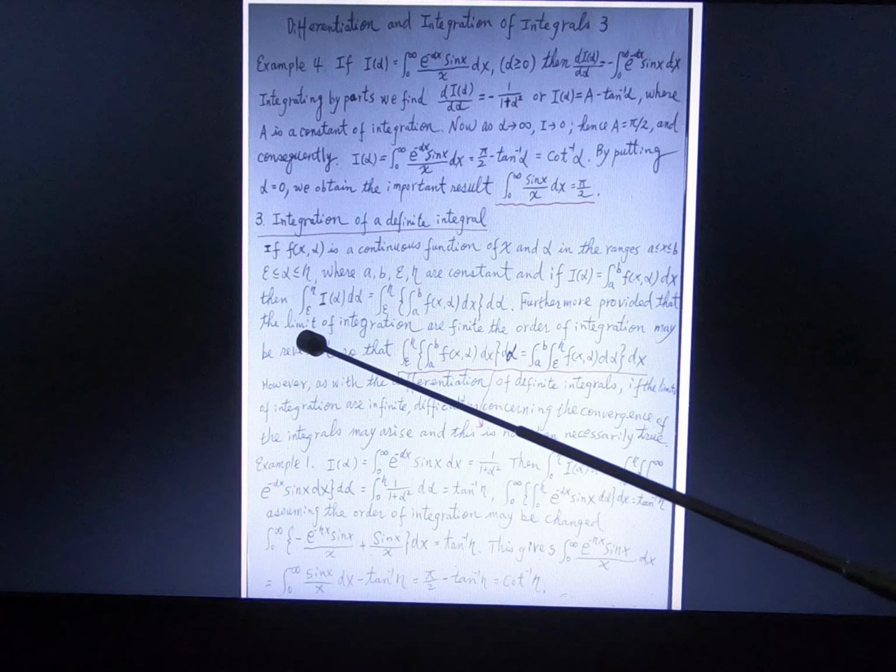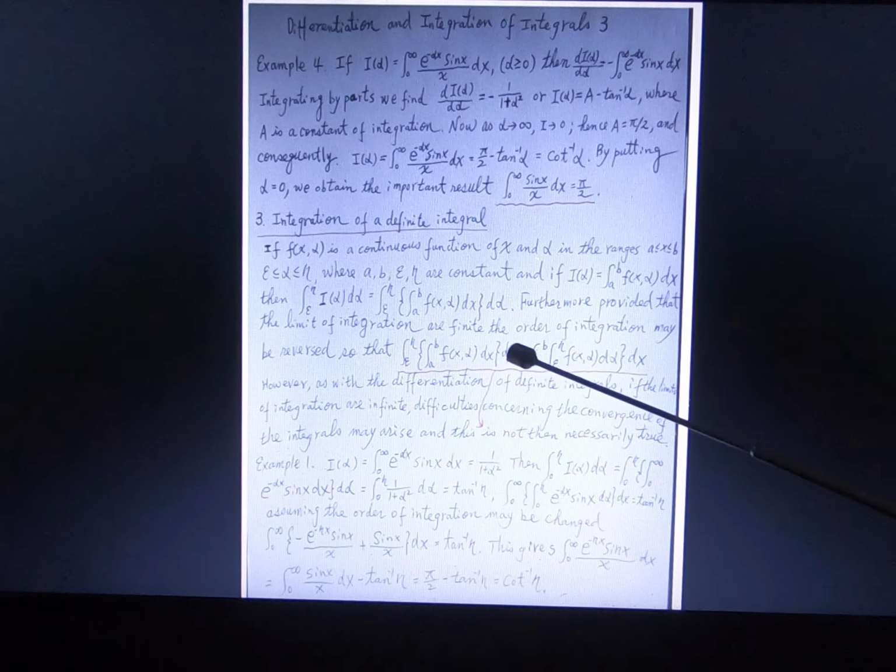Now let's see integration of a definite integral. Okay, and you can see it's in this expression. And they say, provided the limits of integration are finite, the order of integration may be reversed like this.